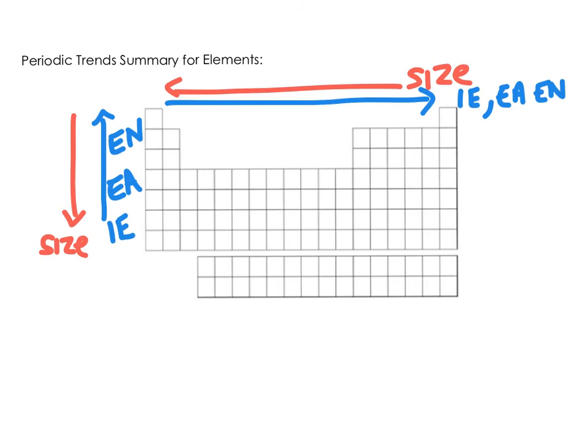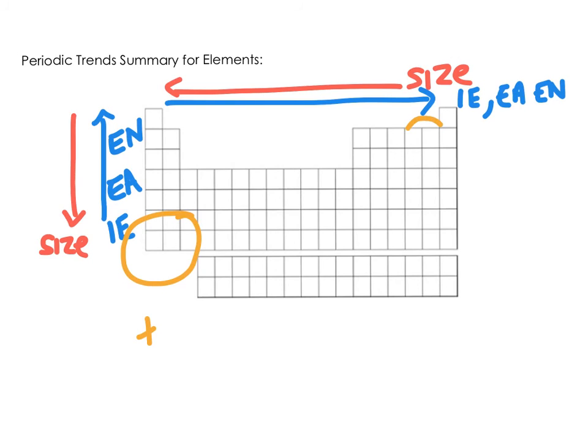So what that means is, down here, you will find the most reactive metals, right? Because they're the biggest, they give off electrons the easiest. So there are the most reactive metals, because they want to become positive. You've got the lowest ionization energy.